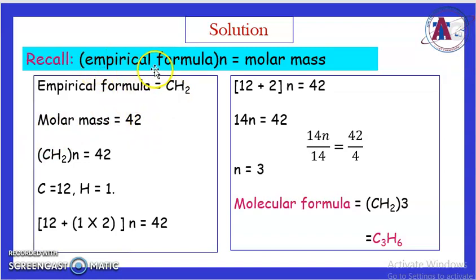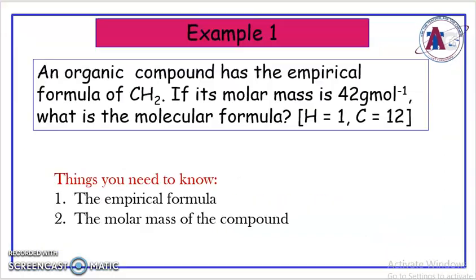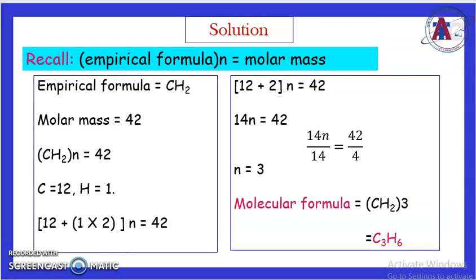Now, using this formula, empirical formula times N equals molar mass, we have CH2 times N equals 42, the molar mass. Molar mass of the compound is 42.